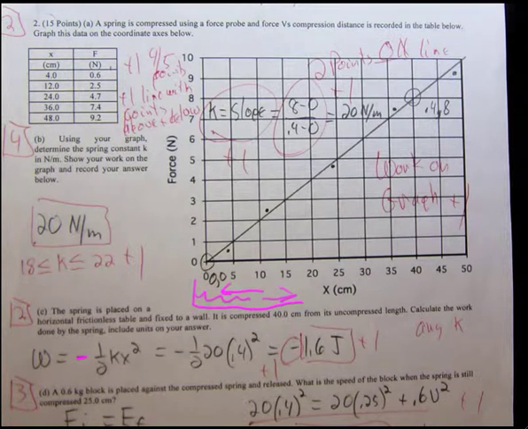And the equation is 1/2 kx squared for a linear spring, and I put in 1/2, I put in whatever my k is, and 0.4, so any k should have got you the points, even if you were off. It said include the units though, and so you had to have joules here to get both points.